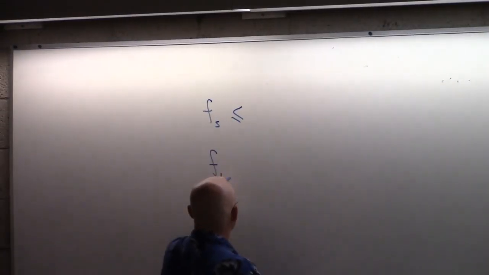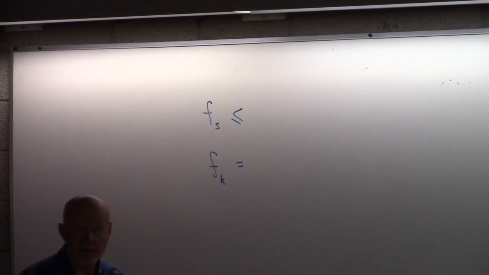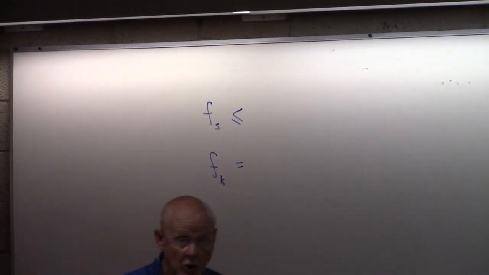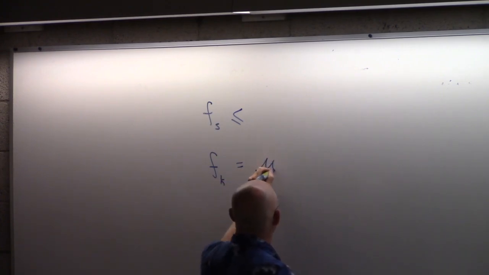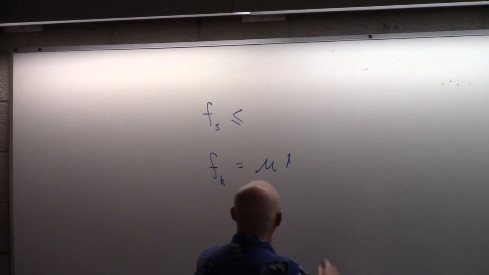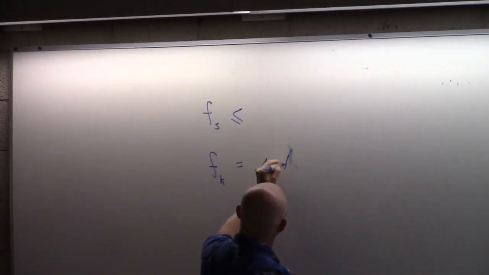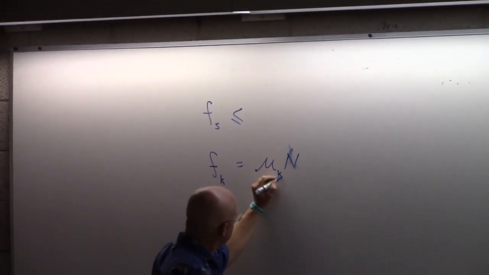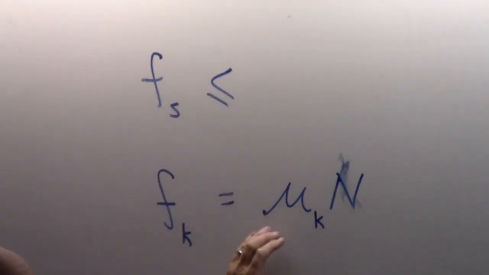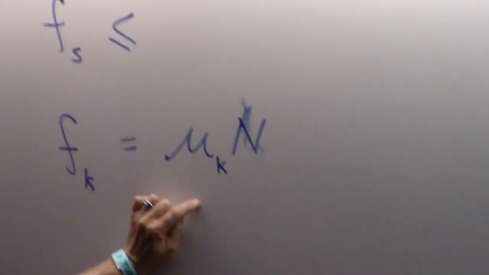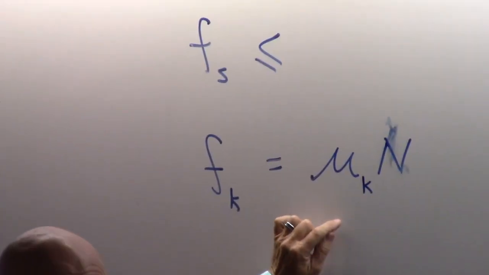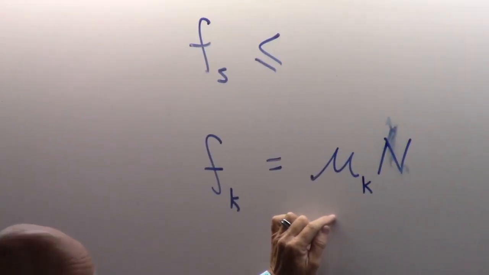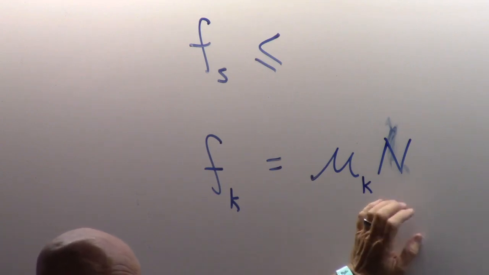The static friction, as I said, is a little bit harder, I think, because it's an inequality. It can go up to some maximum value. But both of them depend upon the material, and so we like to say it has a coefficient of friction, a coefficient of kinetic friction, and then the normal force.